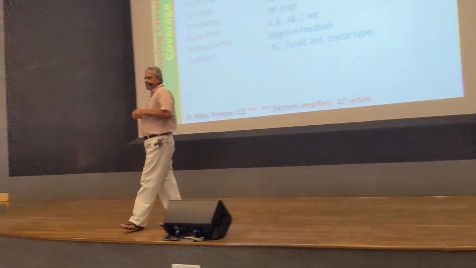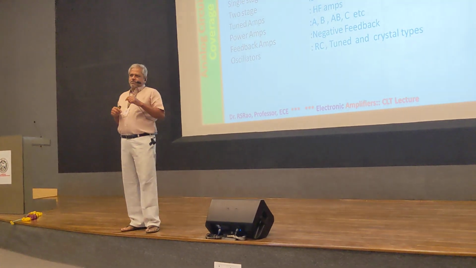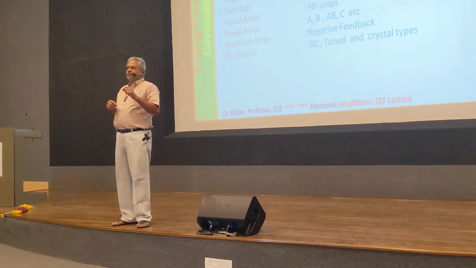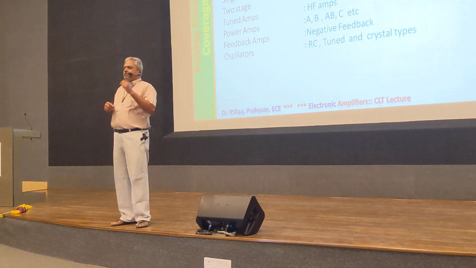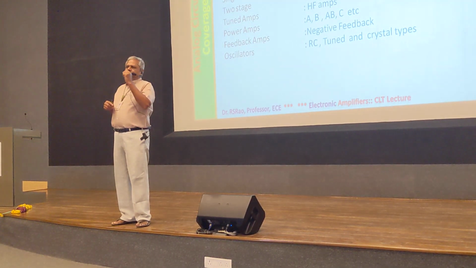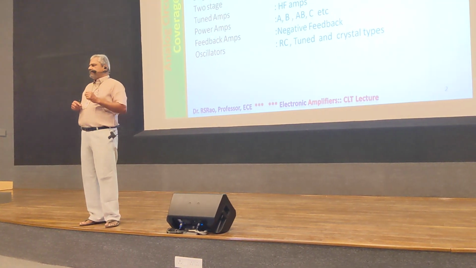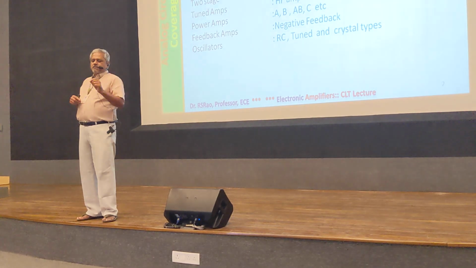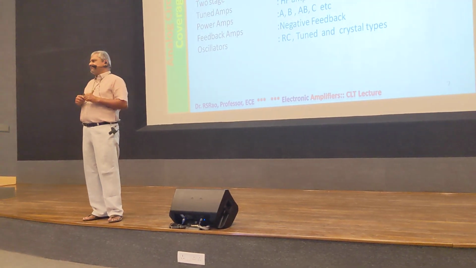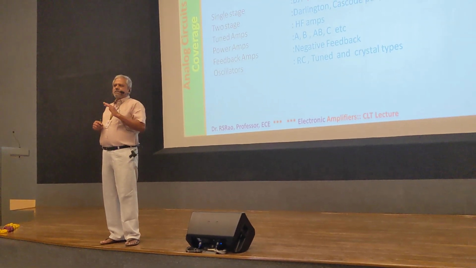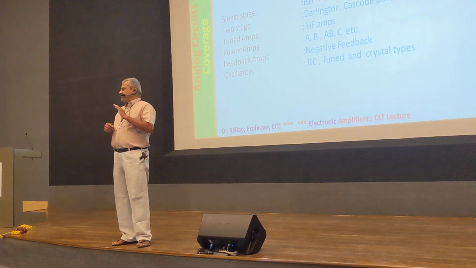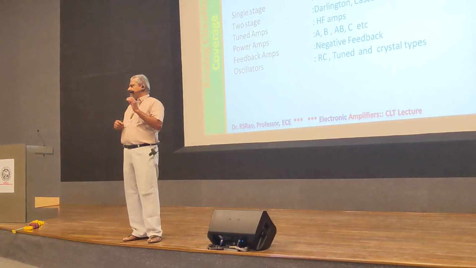The net result is you cannot use the amplifier at high frequencies. So the frequency limitation is set because of Miller's capacitance. This Miller's capacitance is the specialty of CE. So remember this much: CE is all good, everything is fine except these two aspects.